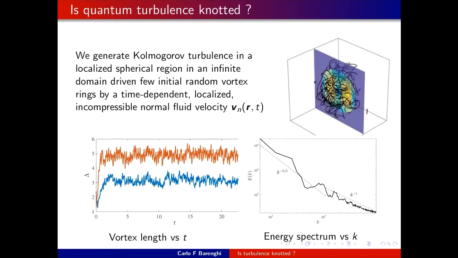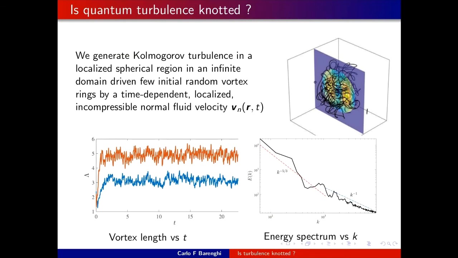So what we have done here in Newcastle is a very simple numerical experiment. We calculate these vortex tangles. We make sure that essentially the turbulence is localized in space. So we drive it, we find a way to excite the system and feed energy, compensating for any kind of dissipation, which even at zero temperature is there.